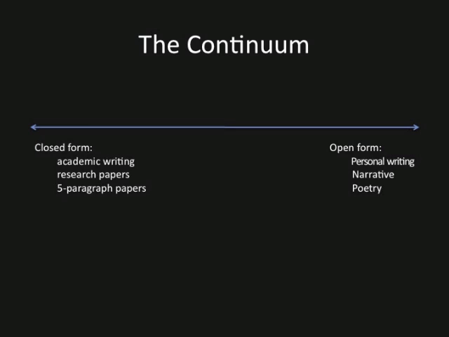I suppose filling in a form like at a doctor's office is about as closed form as you can get, and writing experimental poetry with no meter, rhythm, rhyme, etc. That's about as open form as you can get. But most writing exists somewhere in the middle, where you as the writer get to make some decisions about the writing, but not all of those decisions. So that's the idea in open form and closed form writing.